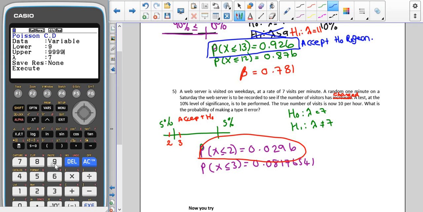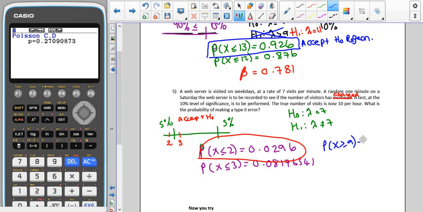So 9 would be our lower, 9 would be our upper. So the probability of x being greater than or equal to 9 gave us 0.271. That's quite far away.